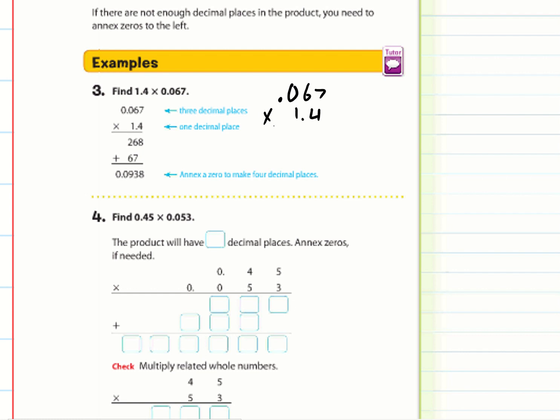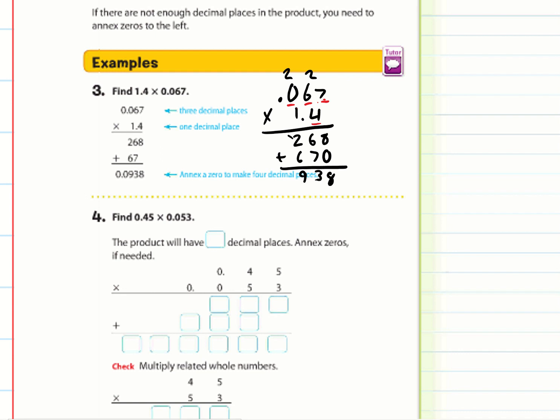So times 1 4/10, we have 1, 2, 3, 4 digits to the right of the decimal, so we're going to go ahead and multiply. 4 times 7 is 28, 4 times 6 is 24, plus 2 is 26, 4 times 0 is 0, and then 2, and then I'm going to add a little placeholder. 1 times 7 is 7, 1 times 6 is 6.